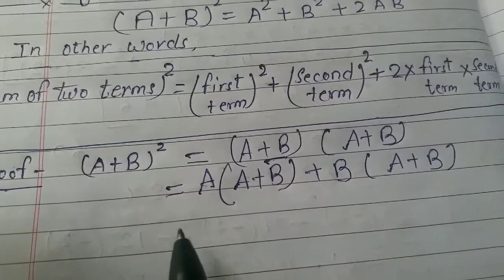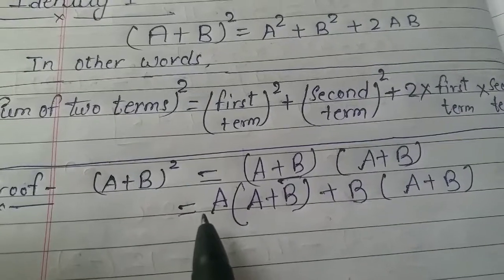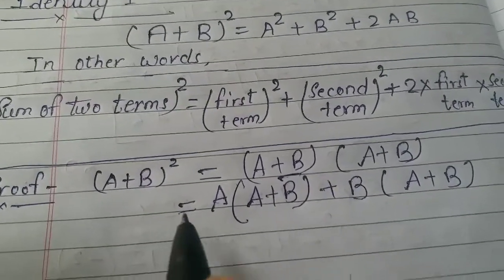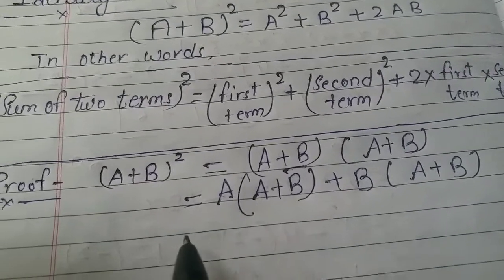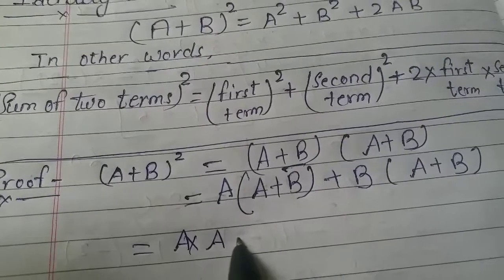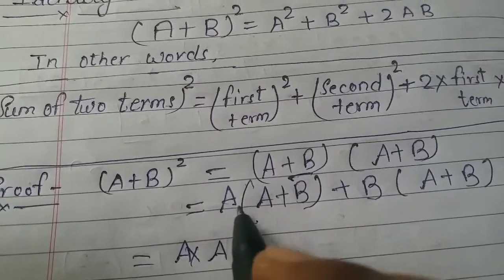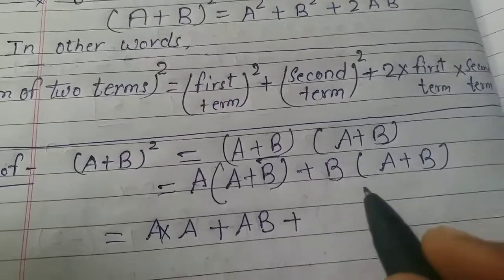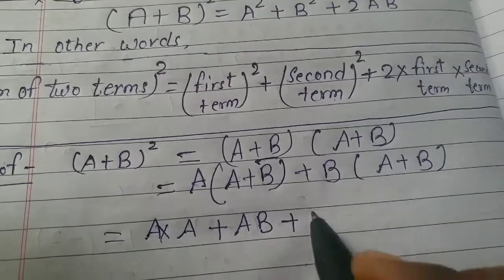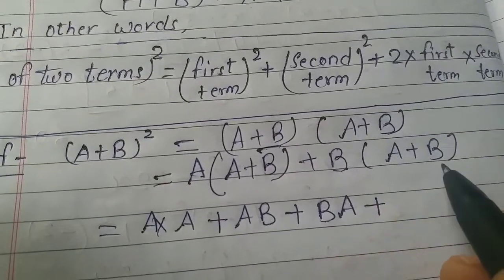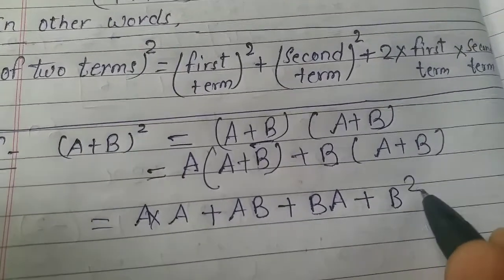By using the distributive law, a is multiplied by a, it becomes a into a, plus a is multiplied by b, it becomes ab. Again b is multiplied by a, it becomes ba, plus b is multiplied by b, it becomes b squared.